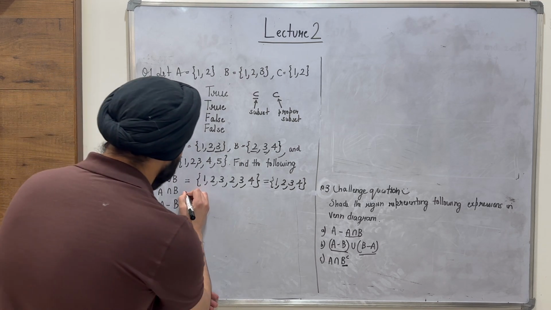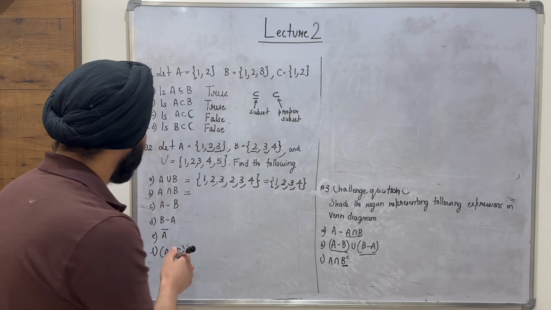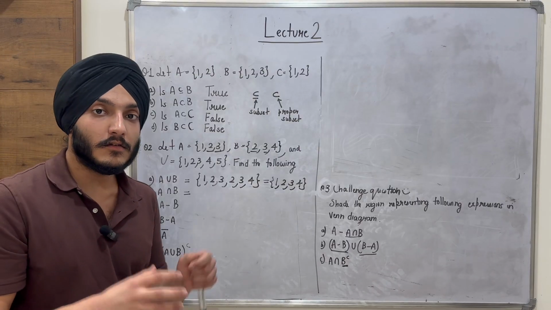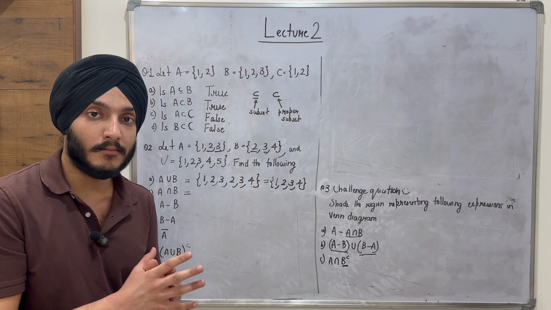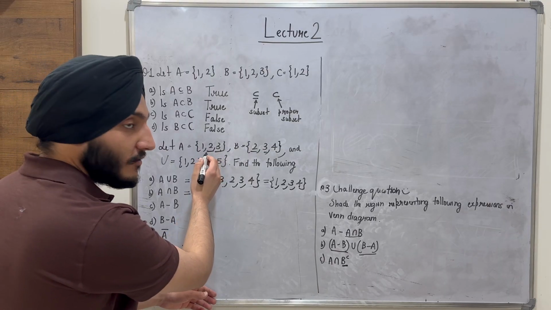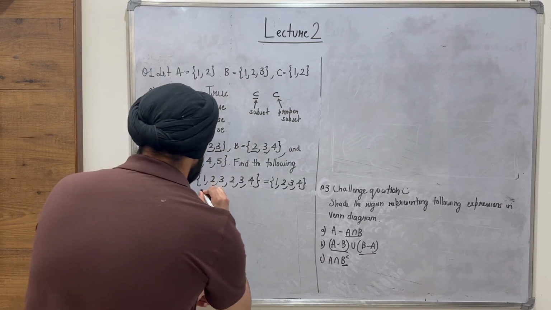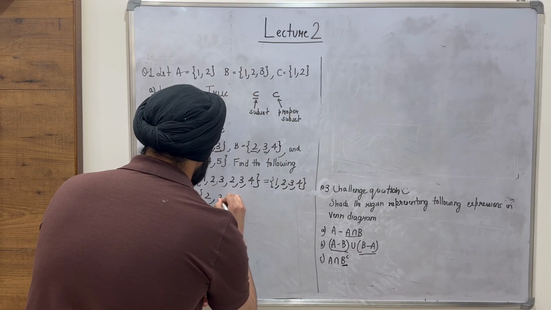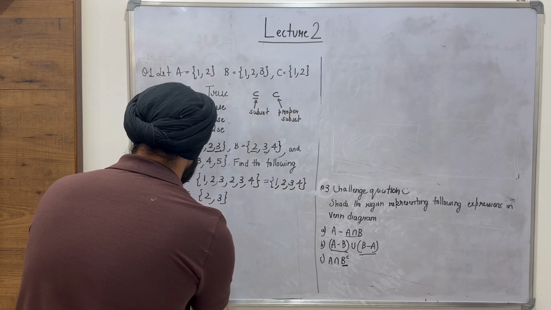Moving on, let's try to understand what is the intersection of A and B. Intersection basically means all the common elements between both of them. All the common elements in this case are just 2 and 3. So this is going to be 2, 3 in this case.